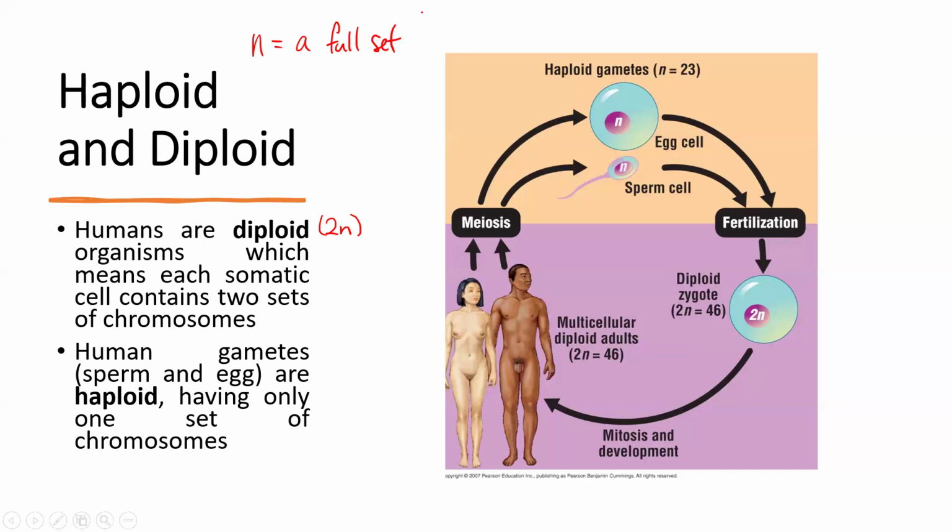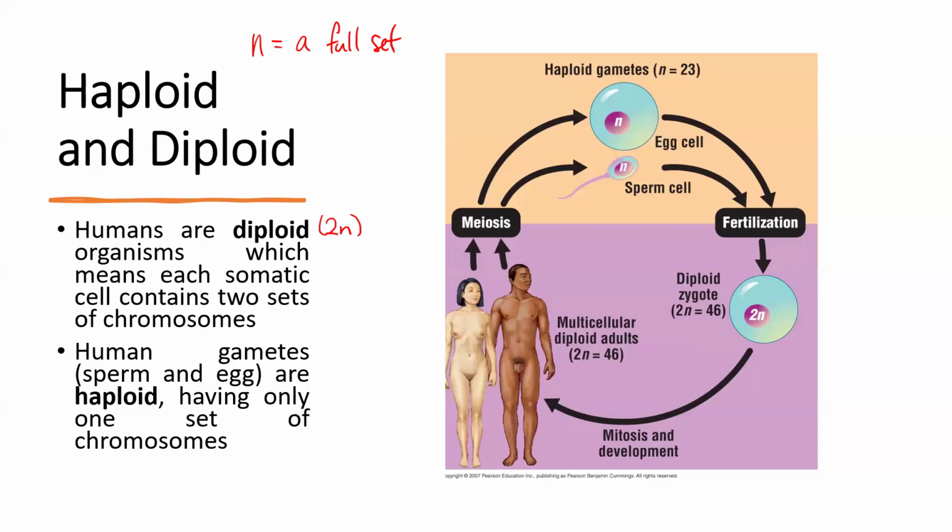How many chromosomes do we have in one full set? 23, that's right. One full set is 23. 23 from mom, 23 from dad, and we have two full sets, which means we have a total of 46 chromosomes.